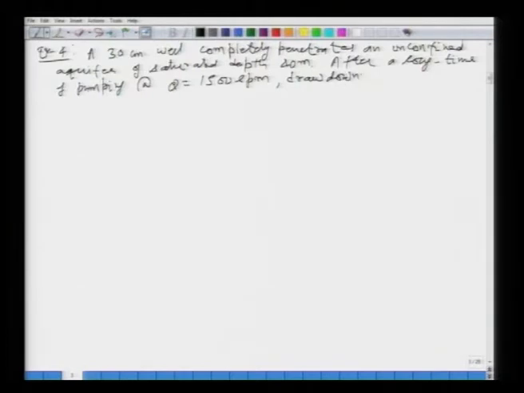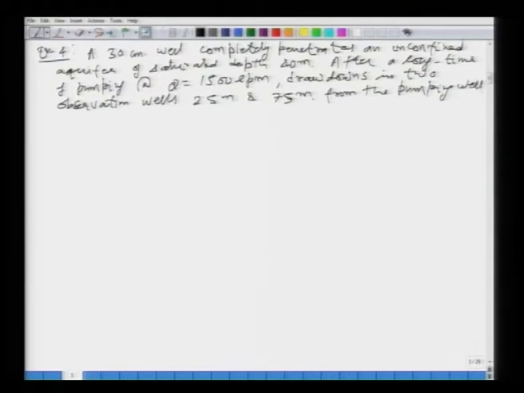The drawdowns in the 2 observation wells, which are 25 meters and 75 meters from the pumping well, so these are your R1 and R2, were found to be 3.5 meters and 2.0 meters.